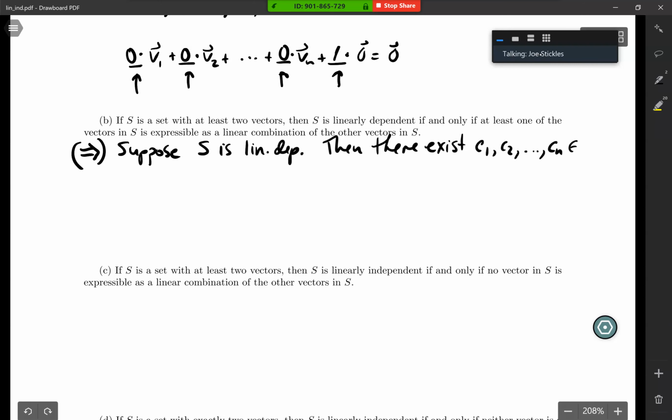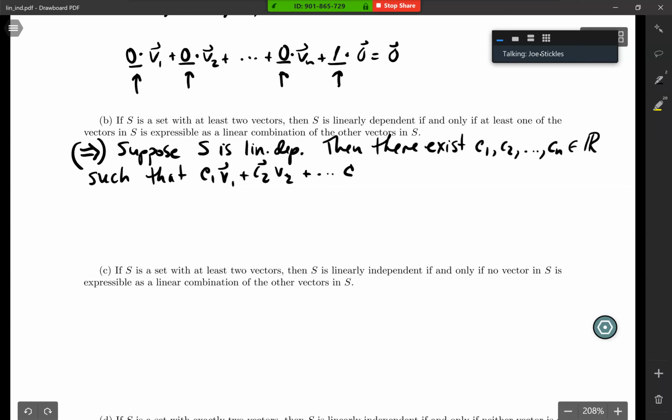Then there exists constants C1 out to Cn such that our C1 V1 plus C2 V2. Oops, I should have said not all zero to start with.